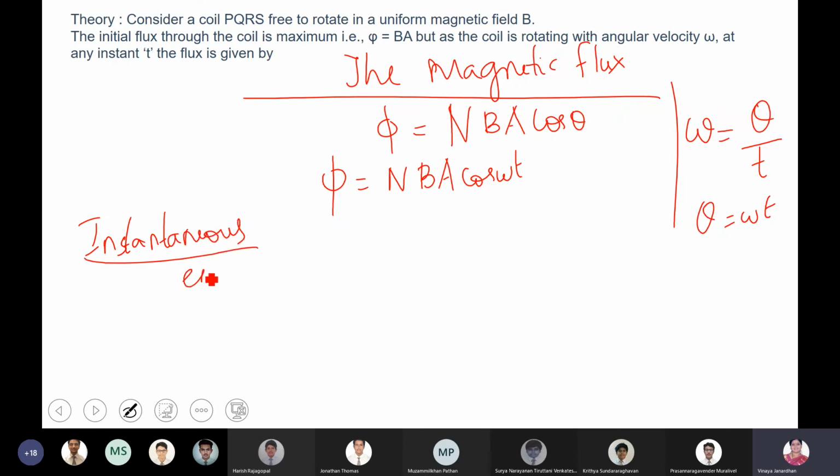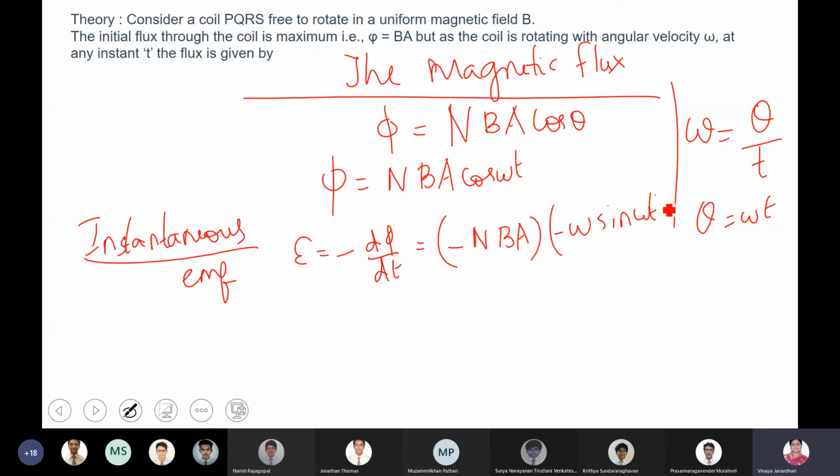So instantaneous EMF, which means the EMF induced at any instant of time, E is equal to minus d phi by dt. So that becomes equal to minus NBA into minus omega sine omega t, because when you differentiate cos omega t, you will get minus omega sine omega t. Or I can write NBA omega sine omega t.